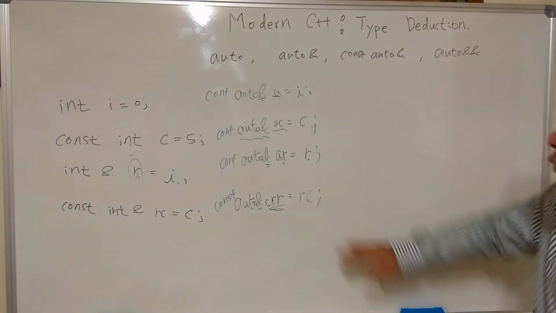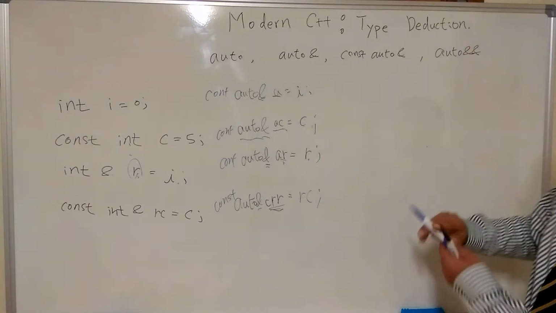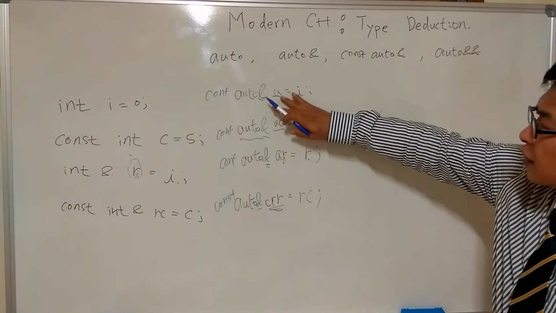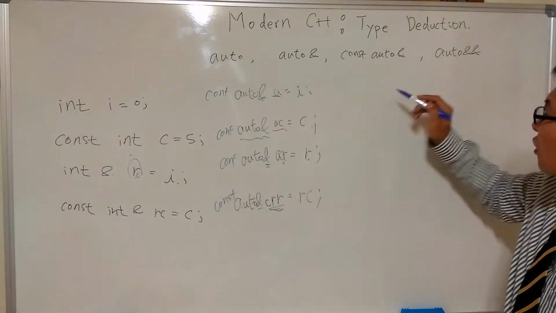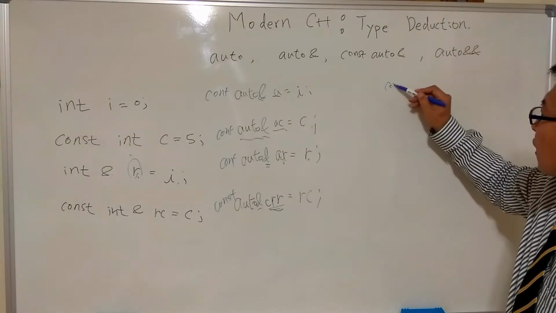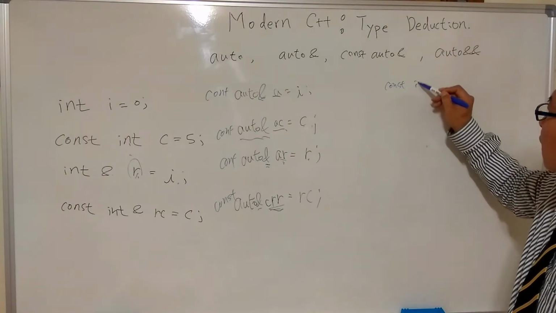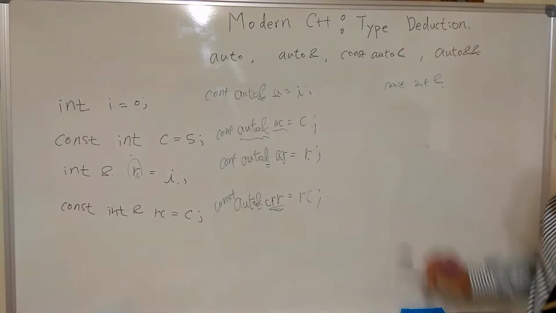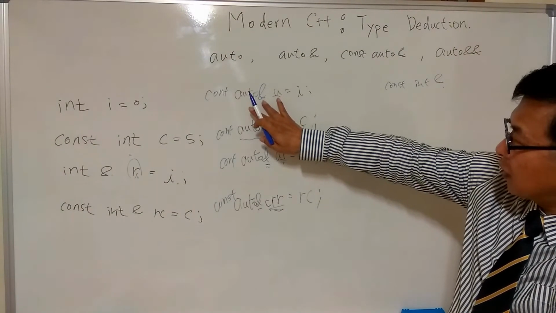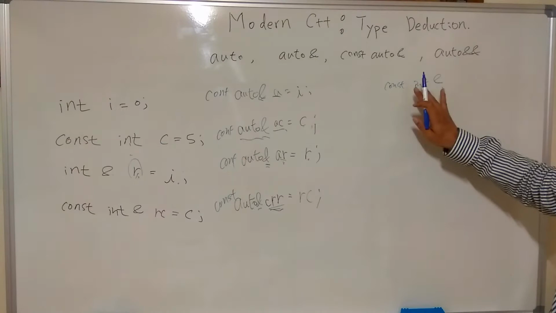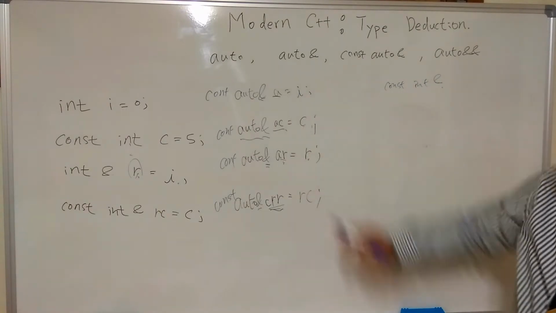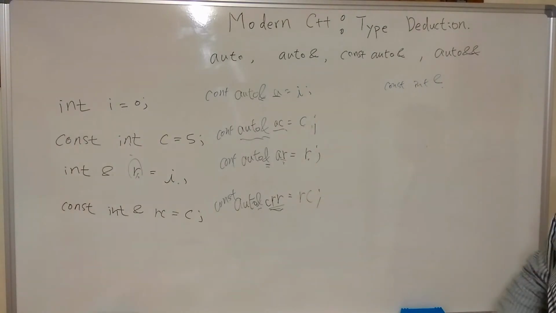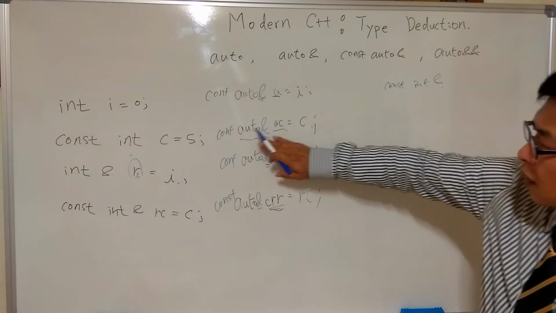Now let's see what will be A's type. A is like this. A is a reference to constant. So A's type will be constant int reference, because it is reference and constant. So constant integer reference to I. Okay. What about this? This is the same.